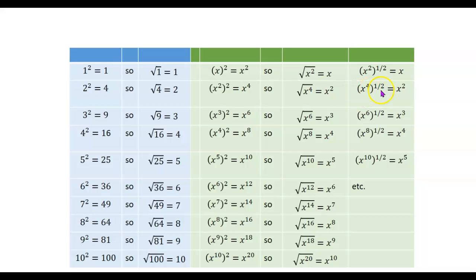X to the 4th power to the 1/2 power would be x to the 2nd power. X to the 6th power to the 1/2 power would be x to the 3rd power. X to the 8th power to the 1/2 power would be x to the 4th power, and so on. So taking the square root of something and taking that something to the 1/2 power have the same result.